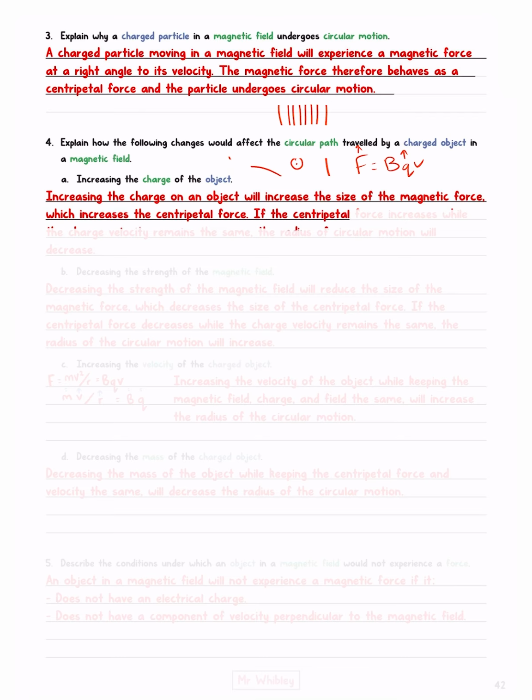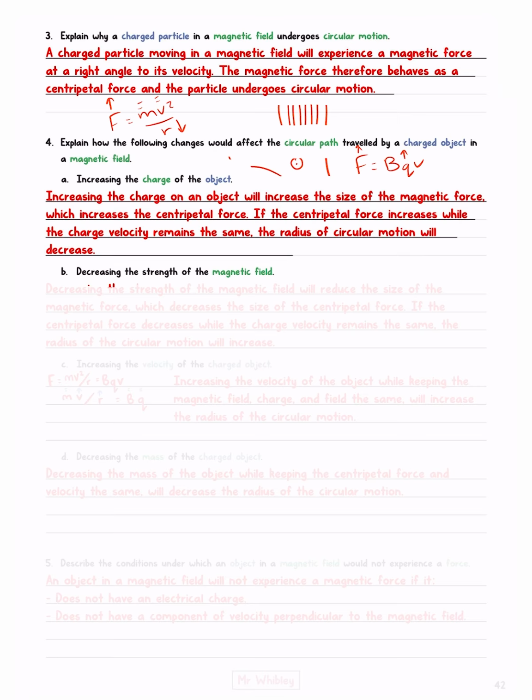If the centripetal force increases while the charge velocity remains the same, the radius of circular motion will decrease. So if we imagine our F is equal to mv squared over r, if we have an increased force, where our mass and our velocity remain the same, then our radius must decrease.